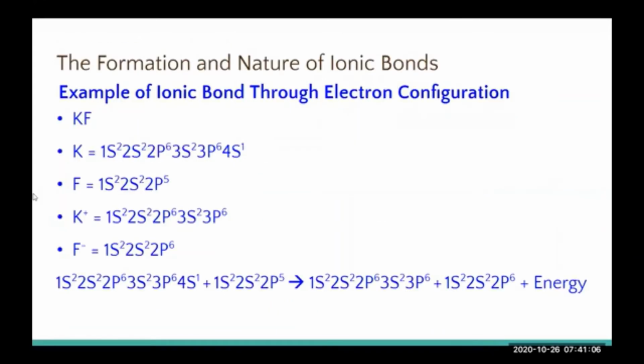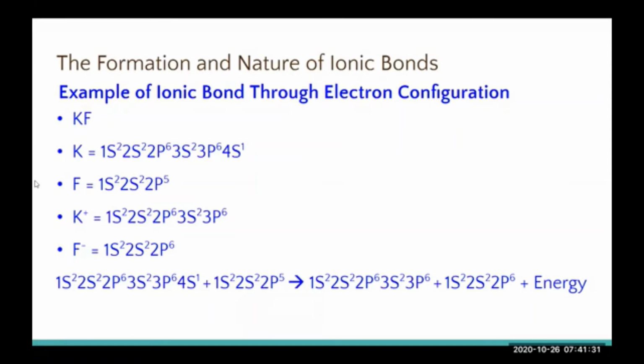So if we're looking at how you would look at an electron configuration, because we were just doing electron configurations, on how to determine ionic bonds, let's make potassium fluoride, that's KF. If you find K on your periodic table, you notice that it has 1 valence electron, that's in 4s1.